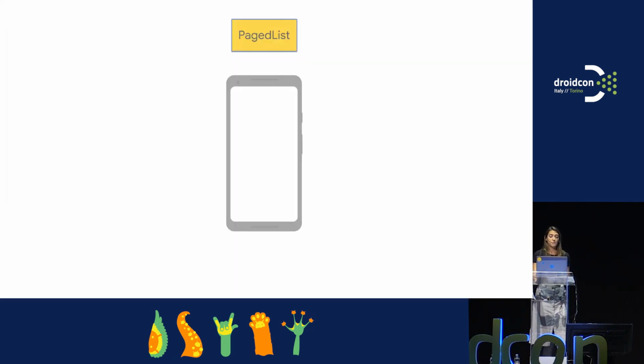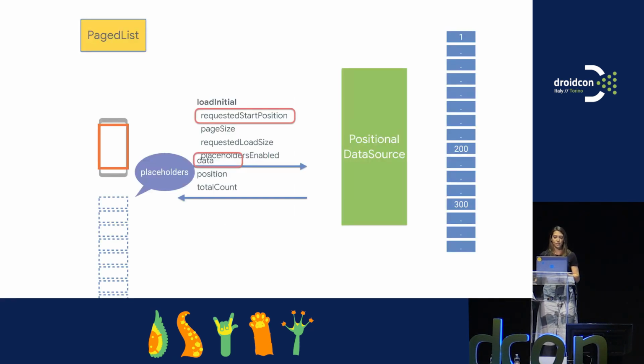OK, let's see what will happen with our page list. So we would work with a positional data source. Let's say that the list that we have there is the entire list that we have in the database. Initially, what we're doing is we're calling load initial, where we need to pass what is the start position. So probably in our case, because it's the first time we're displaying this, it would be 0.